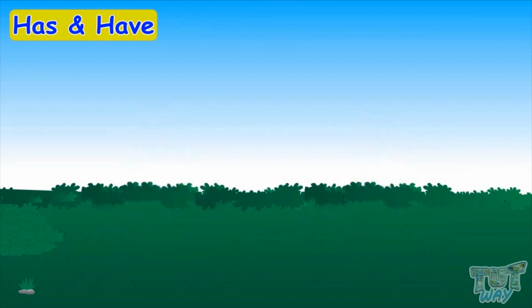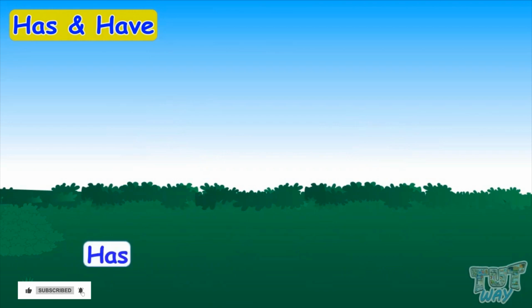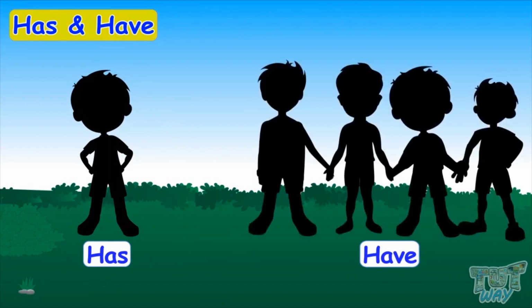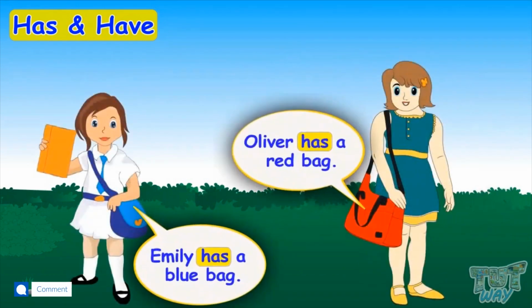Also, has is used when we are talking about a single person, and have is used when we are talking about more than one person. We use has when we talk about Emily or Oliver and not both together.